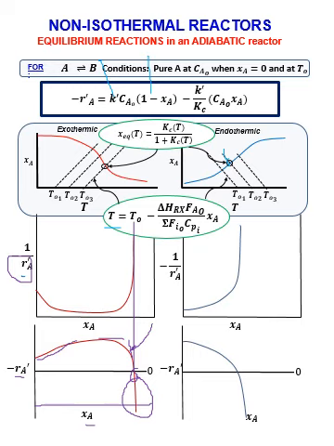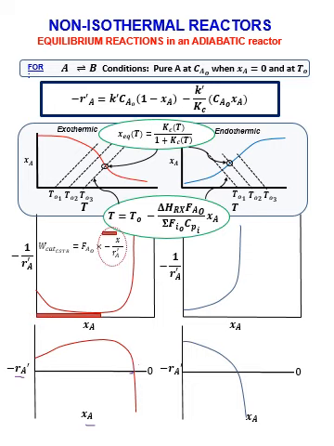Of course, that is not going to occur in your reactor unless you disturb the conditions in the reactor using some external conditions, like removing some of your product in another side reaction or changing your temperature by having some heat transfer in that reactor. So your reaction will stop where this rate goes to 0, and that is not where x is 1, but that is at that equilibrium conversion in your reactor.